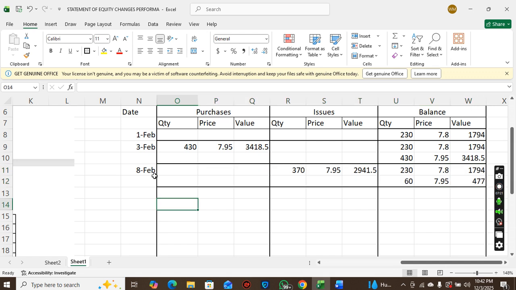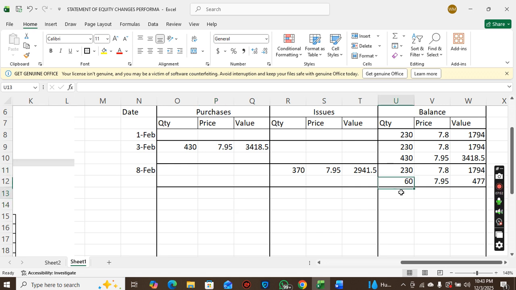Boss, can you run through that one again? Why are we subtracting from the balances? Why are we going back to the issues? Maybe that's why I missed it. Ask that question again. Why are we making the reduction from the issues, not the balances?